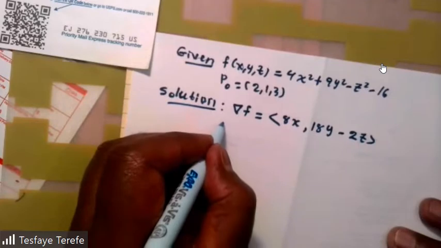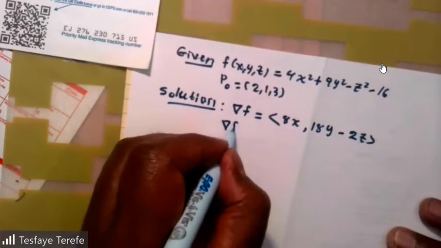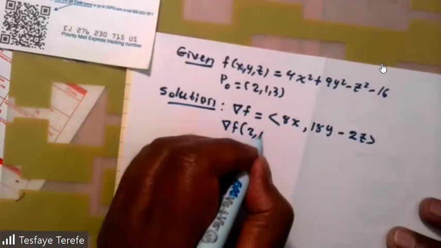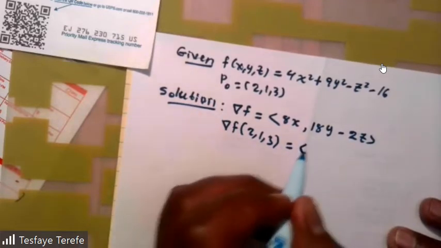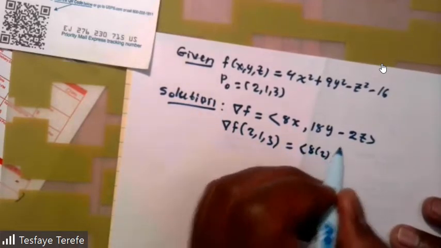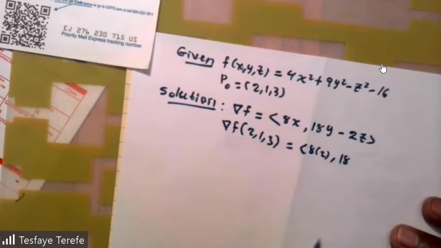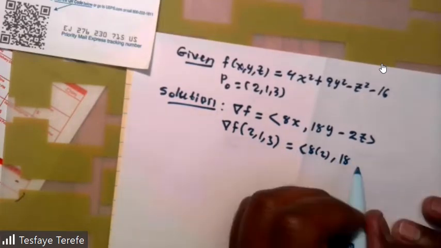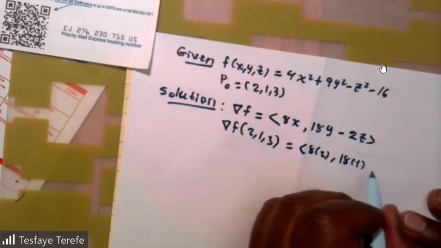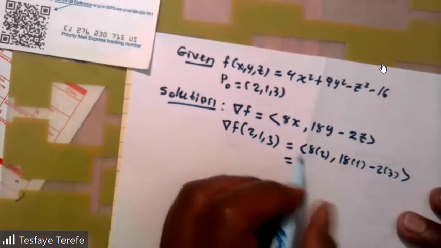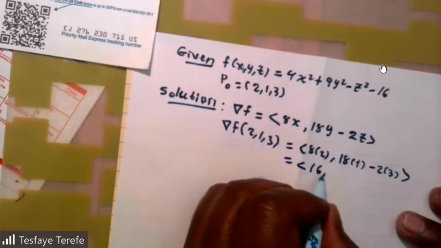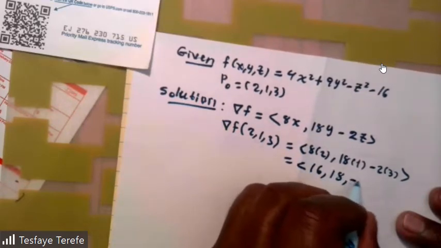Now the gradient at the point (2, 1, 3) means 8 times 2, 18 times 1, and negative 2 times 3. And that will give us 16, 18, and negative 6.